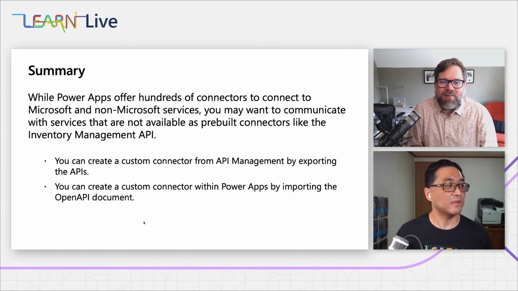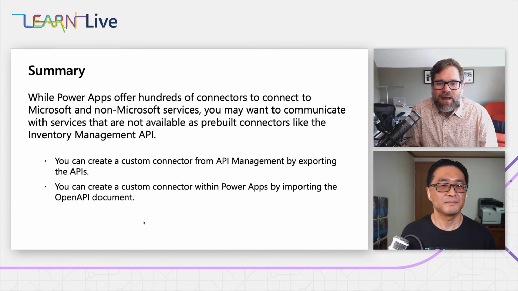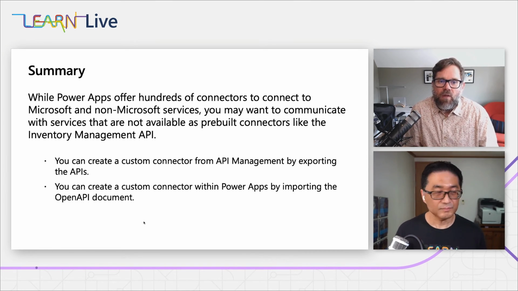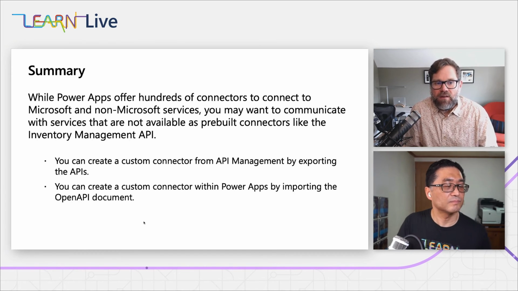Those are already built in, and you can bring them in and add them, but you might want to build some very customized ones for your business. That's where these custom connectors we just showed off come in.